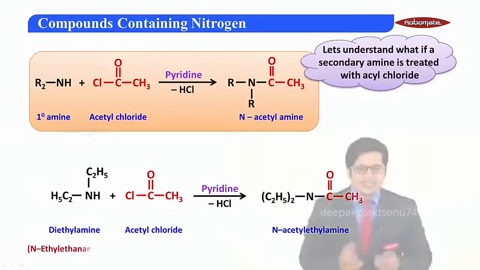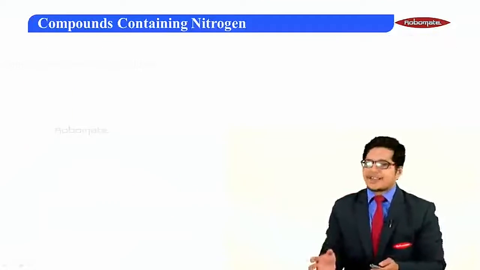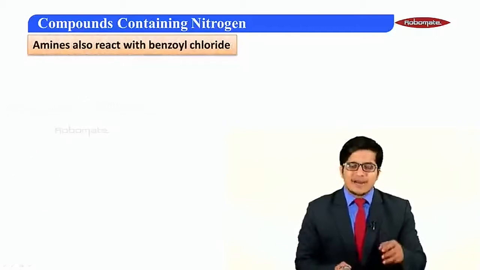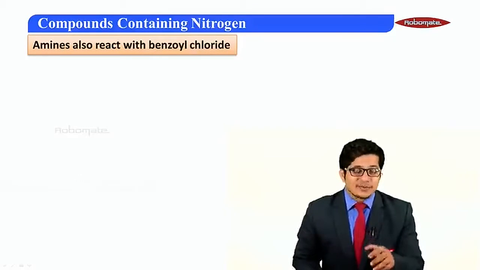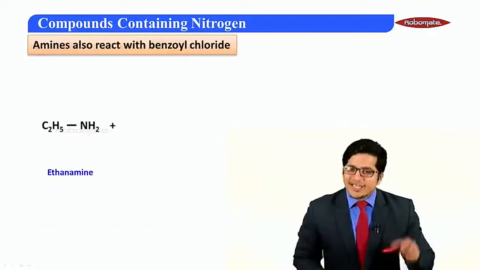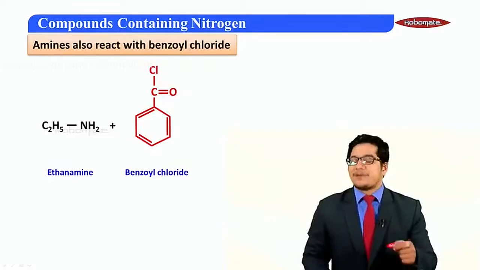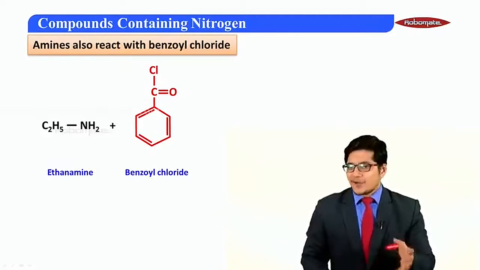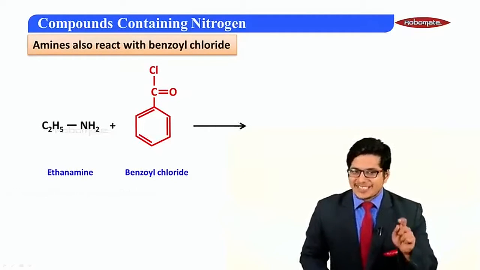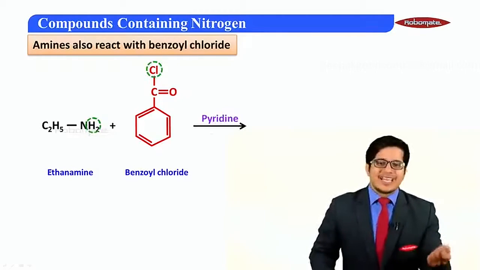Let's move further. This was all about the compounds which were aliphatic. Let's discuss the reaction of amines with benzoyl chloride as well. So if we take ethanamine treated with benzoyl chloride, that is a benzene ring attached to C double bond OCl, what would you get? Then H and Cl again would combine in the presence of pyridine, giving us HCl.